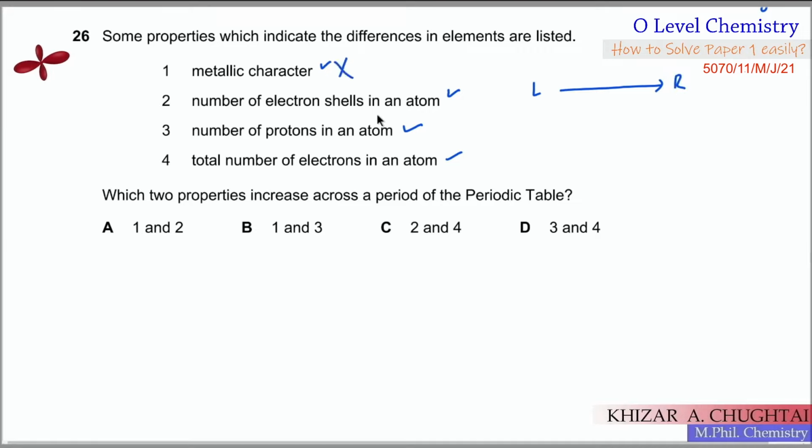Metallic character is going to decrease. Number of electron shells in an atom remains the same, it is not going to increase. And number of protons in an atom, yes, they are going to increase. Total number of electrons in an atom are also going to increase. So D is the correct option.